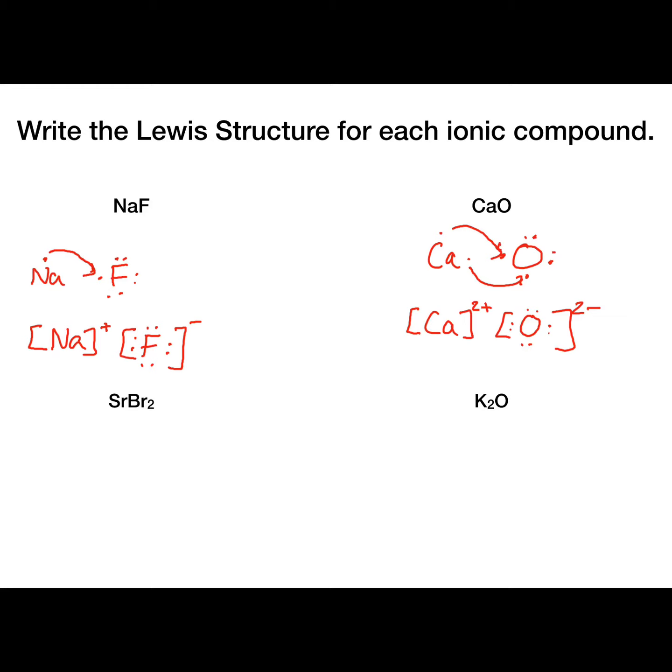Our next problem is going to be strontium bromide. Strontium has 2 valence electrons, and bromine has 7 valence electrons.